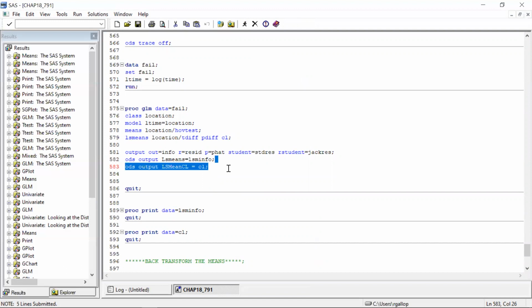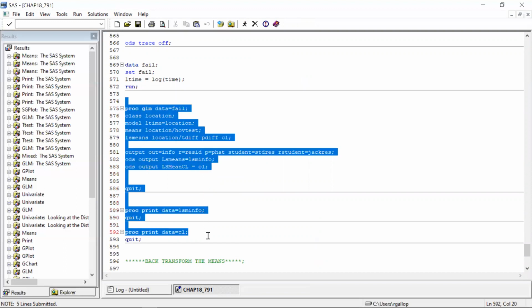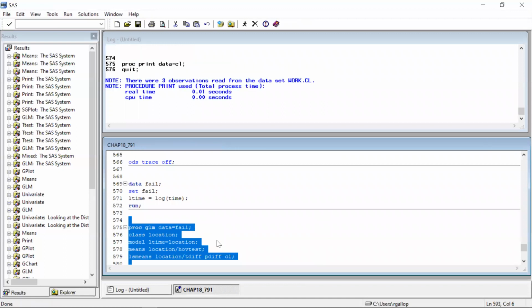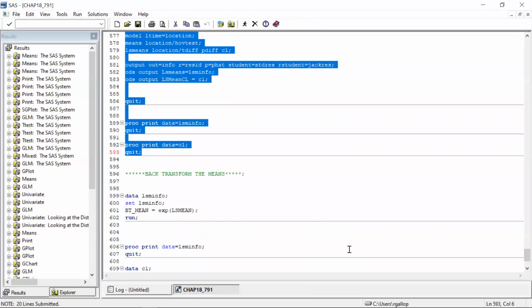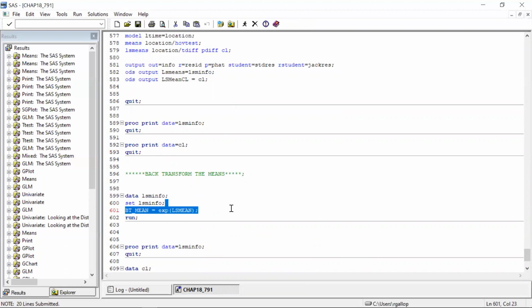On line 583, I'm going to output the LS means and the confidence limits here using that ODS output. So again, here's the means with the confidence bounds. These are all on the log scale. Whenever you're dealing with transformed outcomes, you may want to back transform them, undo the transformation based on the model-based estimates.